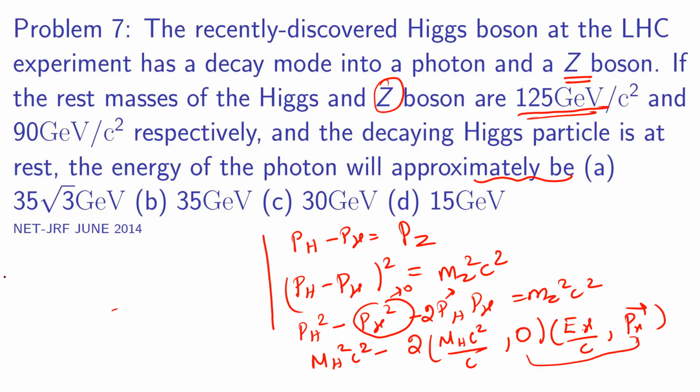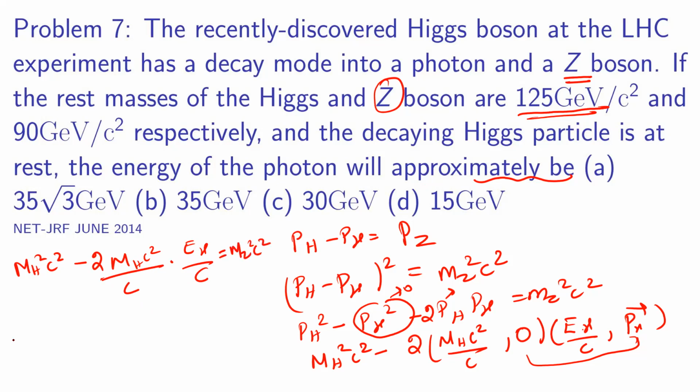So when you combine those, you see that mh square c square minus 2 mh c square divided by c multiplied by E gamma by c, that's equal to, not 0, I'm sorry, it's equal to mz square c square. All right, now it's just a matter of solving this equation for E gamma.